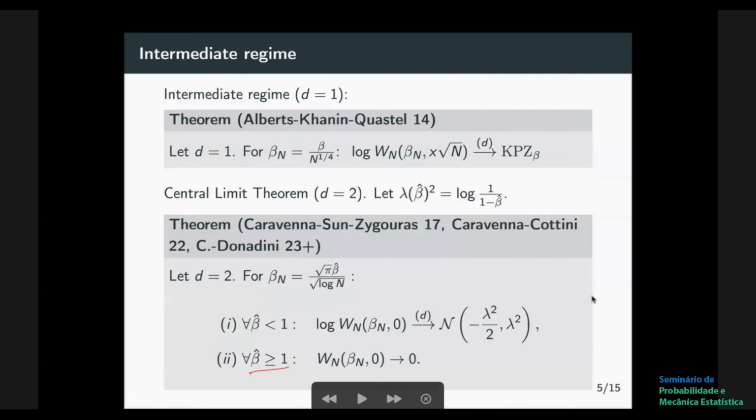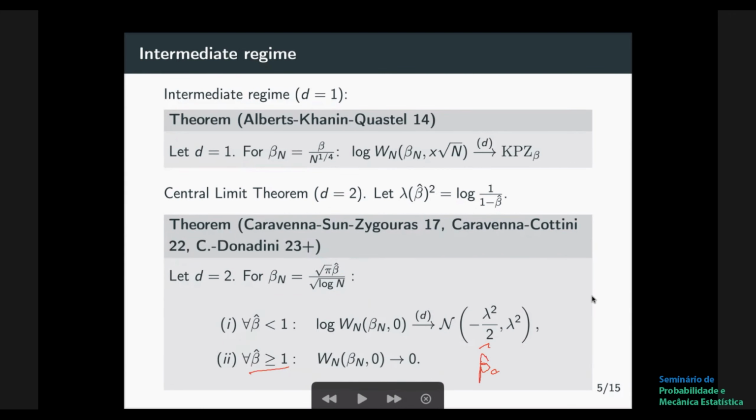An important point here is that in this phase transition that appears, we know the critical value, beta c. In dimension higher or equal to 3 for the polymer, beta c is unknown. I'm not sure if there are conjectures, maybe Huber has some. But maybe there is no expression for it, probably.